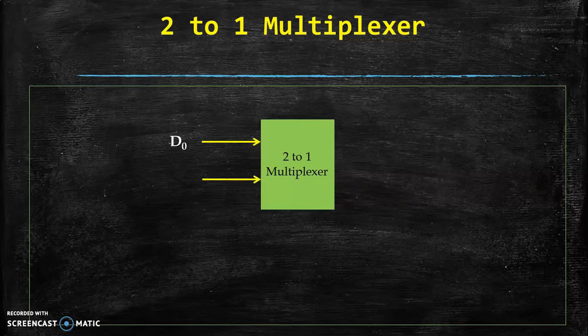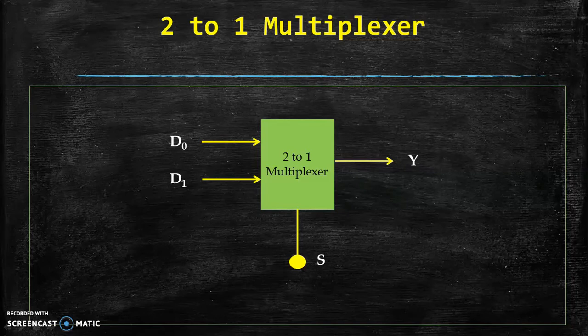We have 2 input data lines, D0 and D1, and one output line, known as Y. We require a select line S, and only one select line is required for the 2 to 1 multiplexer. So we have only 2 possibilities: either S is equal to 0 or S is equal to 1. Accordingly, in each condition, input data D0 or D1 will be transferred to the output.